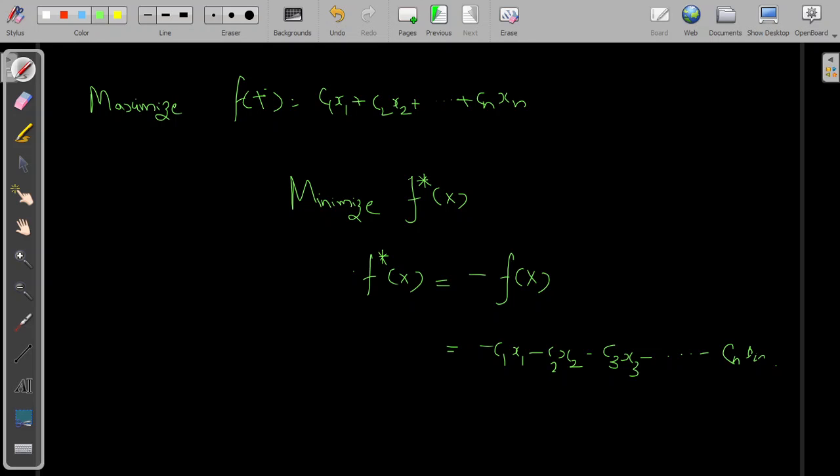This is our converted standard form of LPP.